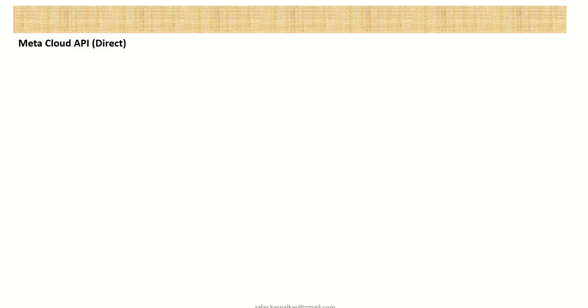Let's see, if you purchase the Cloud API directly through Meta, what are the advantages and disadvantages? The first advantage is direct control, because WhatsApp Meta owns that product. We are dealing directly with Meta, so we have full control over what we want to do.